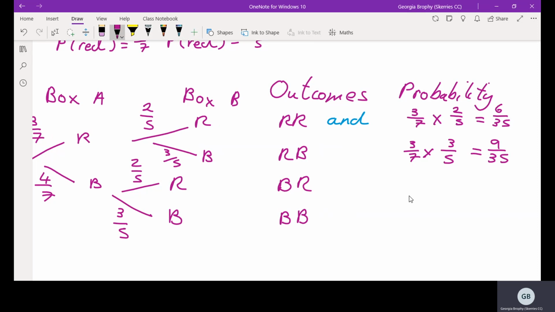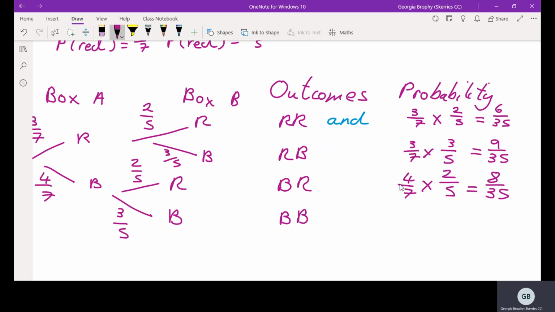Okay, our next outcome then is blue followed by red. The probability of choosing blue from your first box is 4/7, with 7 beads in total in that box, and 4 of them were blue. And followed by, so for and we multiply, red from your second box. Probability of choosing red from your second box was 2/5. So that gives us 8/35.